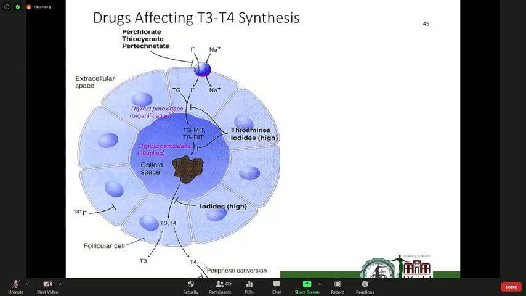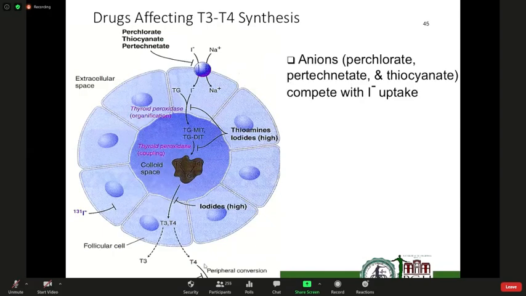Okay, and just to summarize then, the action of the different drugs, I didn't really talk about the anions like perchlorate, etc., but they're not used anymore in practice actually. But if you want to know, they inhibit the symporter, disallowing the entry of the iodine.